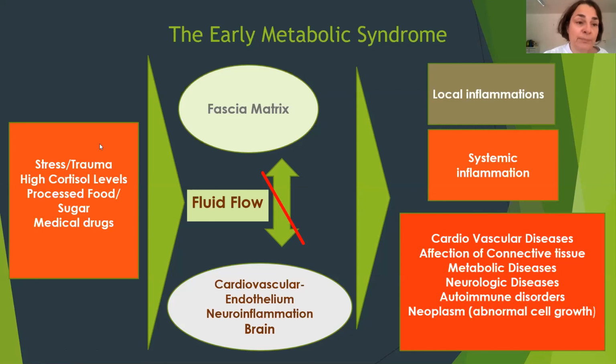So if we have stress or trauma or also processed food and sugar on a nutritional basis, then the fluid flow goes down and we get endothelial inflammations, and this causes chronic inflammation. It's just a summary of what we're talking about.